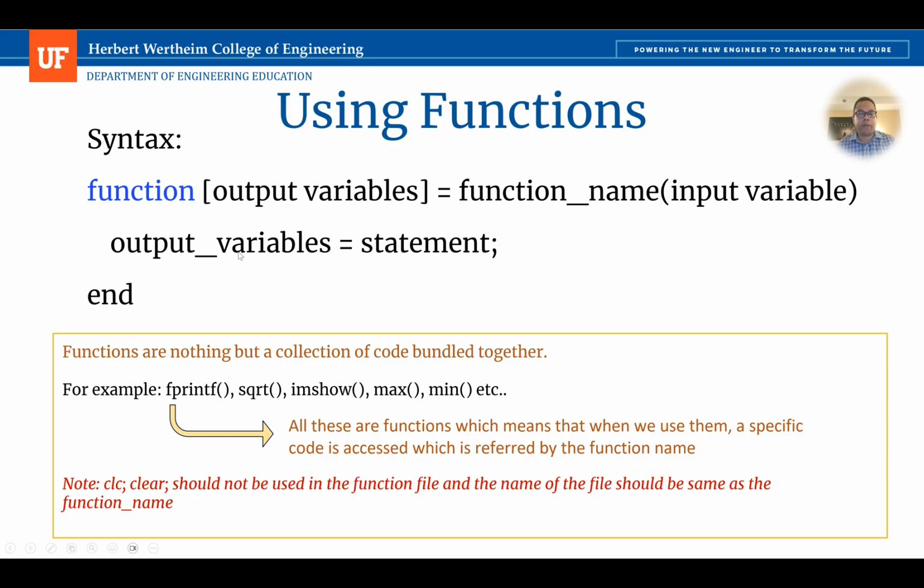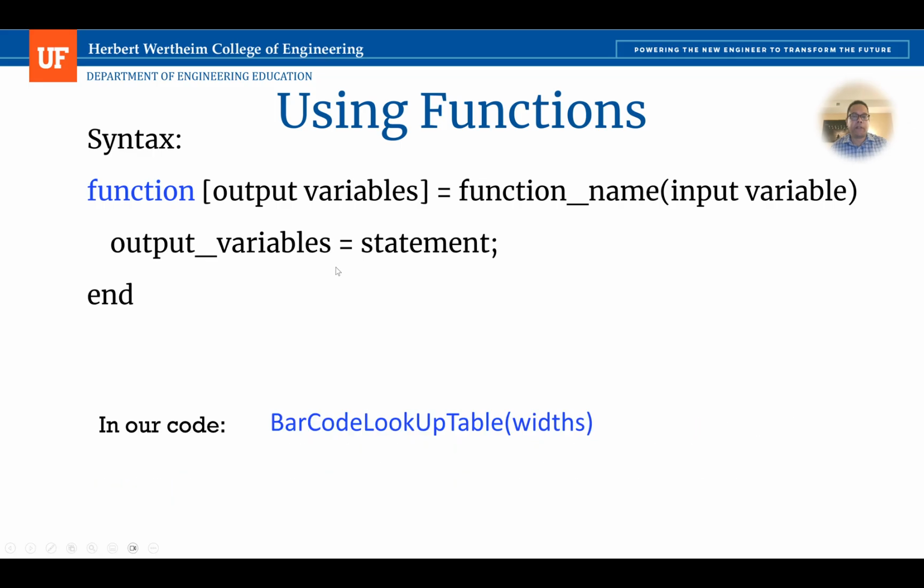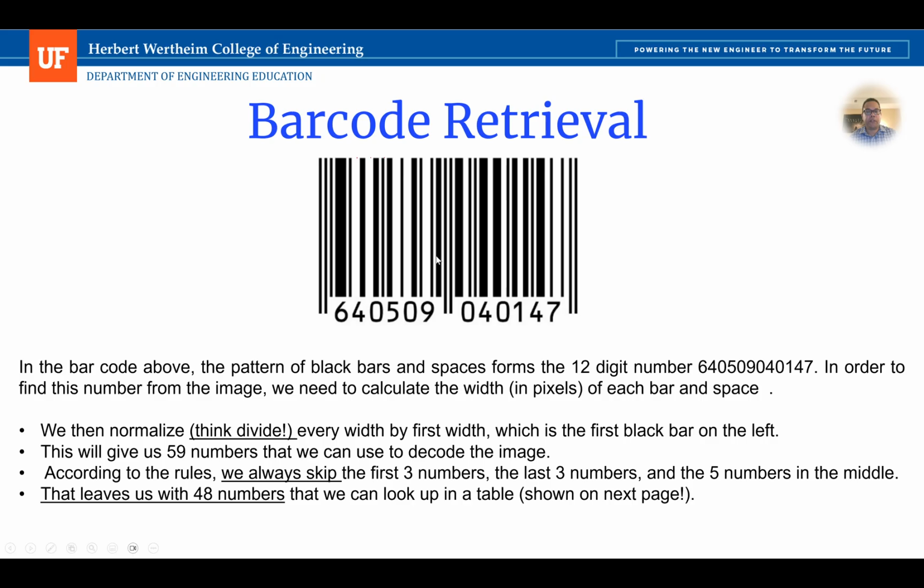Why am I mentioning this? Because in this lab we are going to be using a helper function called BarCodeLookUpTable, where we're going to pass a list of the widths of the bars as a parameter, and that function will give us the right barcode in the end.